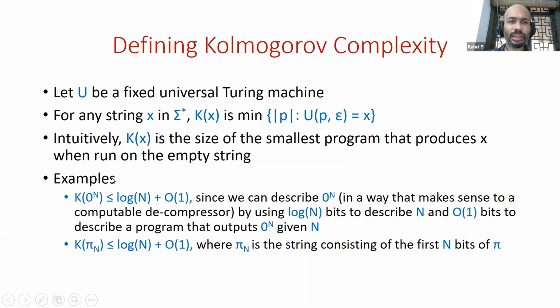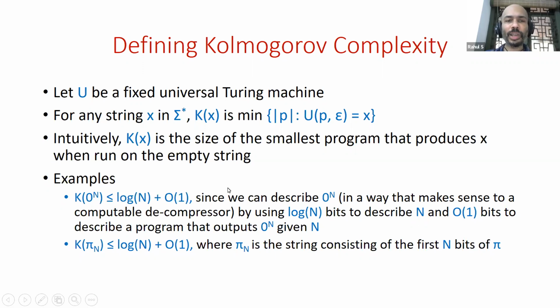That's a fairly easy definition to understand, I think. And a couple of examples illustrate how it could be useful for establishing foundations for a theory of compressibility. One example we were thinking about was a string of all zeros, and we wanted that to be very compressible. And indeed, K of 0 to the n, where 0 to the n is a string of n zeros, is at most log n plus order 1. When I use order notation here, it just means as a function of n, there's some constant which doesn't depend on n.